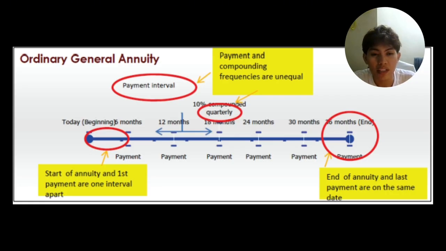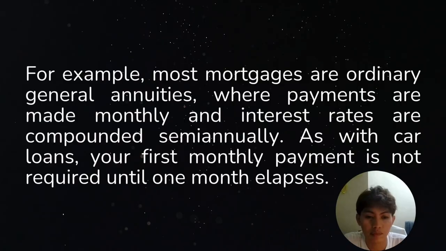The payment periods and the compounding periods are not the same. Ordinary general annuity is commonly used in mortgages and car loans, where your payments are made monthly and interest rates are compounded semi-annually. As with car loans, your first monthly payment is not required until 1 month elapses.